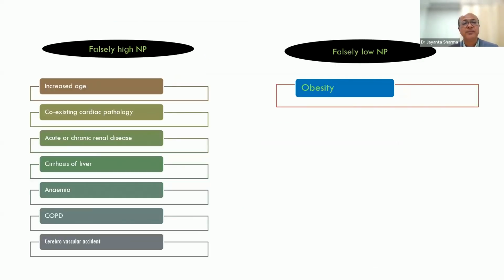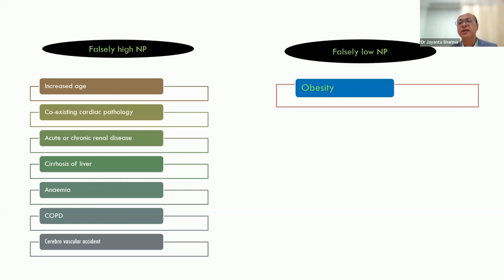NT-proBNP is one of the most important biomarkers for heart failure nowadays in clinical practice. Sometimes we see a falsely high NT-proBNP if the patient has advanced cirrhosis of the liver, advanced COPD, or CKD; sometimes the NT-proBNP is falsely raised above the average level.